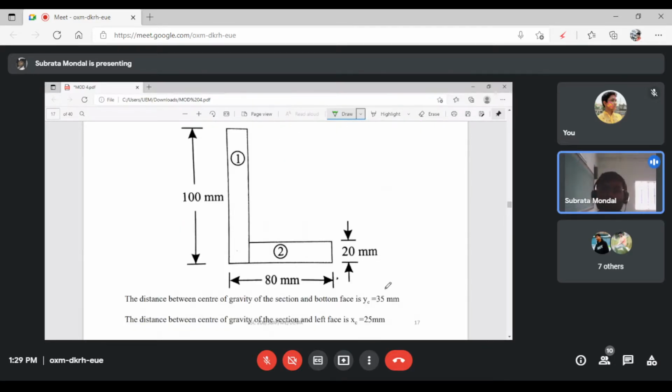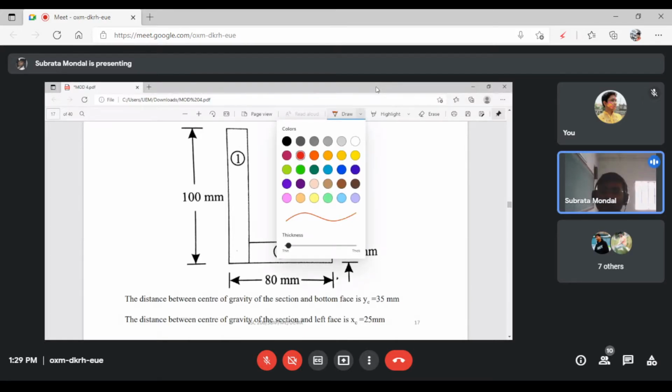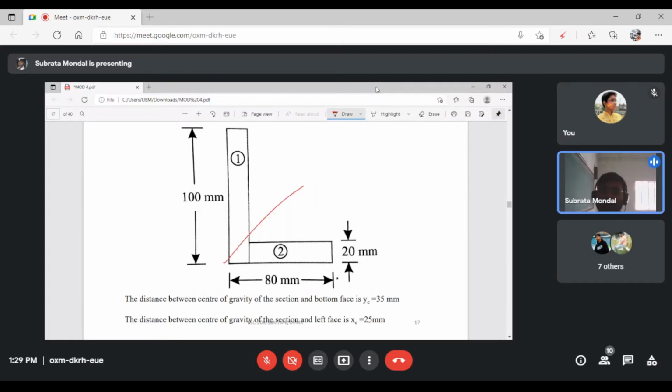Now look at this figure. This is not symmetric about x, nor about y. So which axis is symmetric? It is not a symmetric figure. The most important thing is that you cannot draw a diagonal, meaning from the diagonal you cannot take the reference. That is not possible.